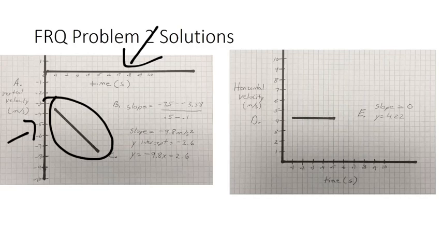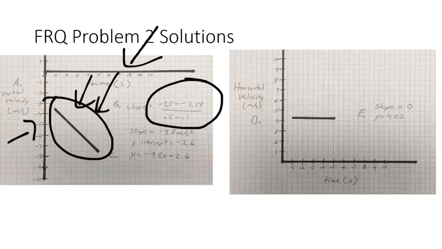So we calculate slope by picking any 2 points on this line and doing change in y over change in x. So in this case, I used these measurements, calculated the slope, and came up with a slope of negative 9.8. That should make sense to you because the acceleration of this arrow during its trajectory should be the acceleration due to gravity, or negative 9.8, negative 9.81.